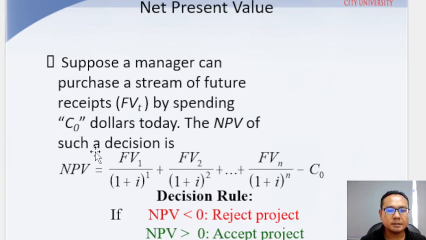The NPV of such a decision is this formula: future value 1, future value 2, until the end of year n of that project, minus the cost you spend. If NPV is lower than 0, you have to reject the project. If NPV is bigger than 0, you have the opportunity to accept that project.